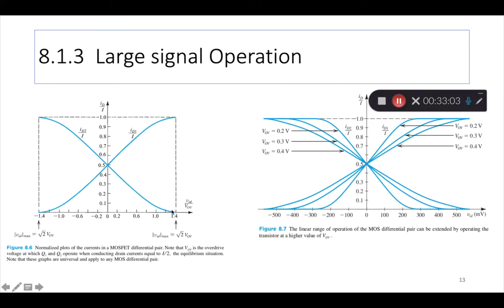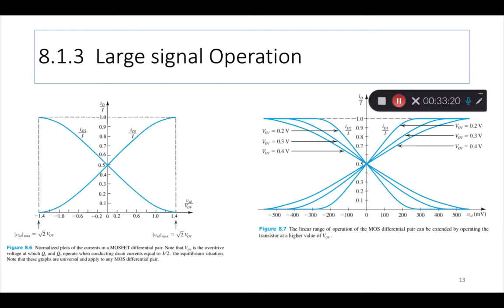So if this is Q1, then it's falling to 0 here, right?